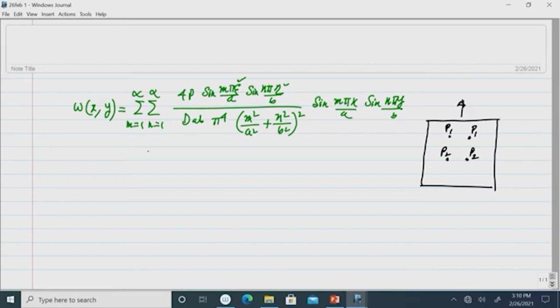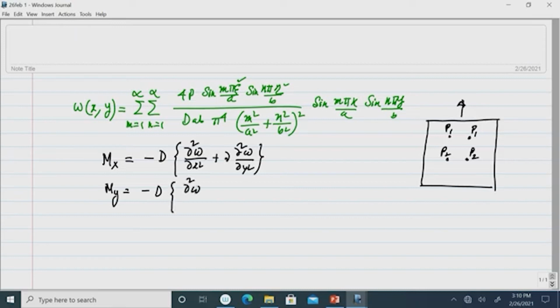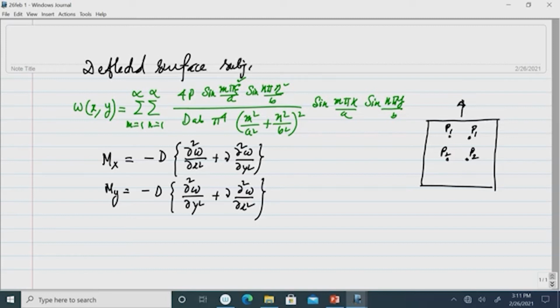The expression for W is found out, based on which we can find out the expression for m x, minus D, and the expression for m y. So, this is the deflected surface of the plate subjected to concentrated load P. From that expression we can arrive at m x, m y, and if required other values can also be found out.